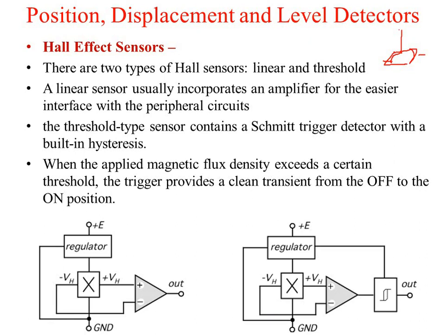That means hysteresis is there. It is just like a window. When the trigger goes beyond the threshold, it will change its position from on to off and off to on. So this is the principle used in the threshold type. The only difference is that here a Schmitt trigger is provided.